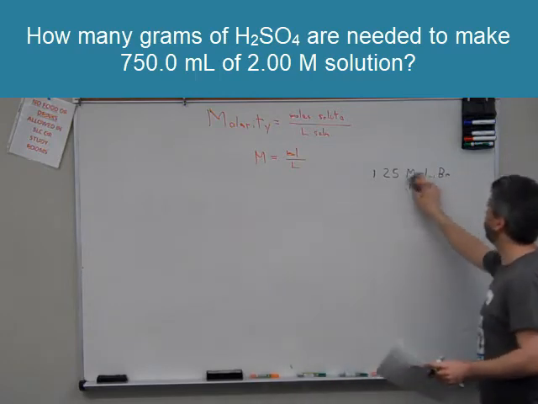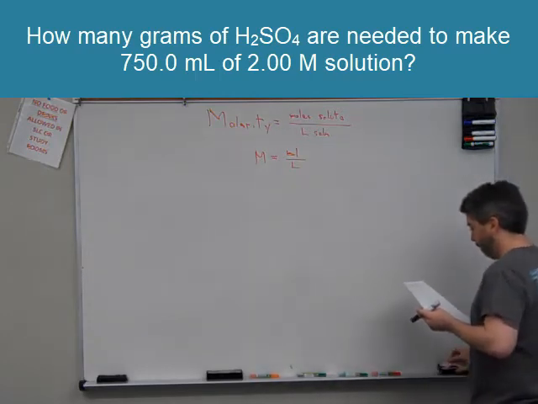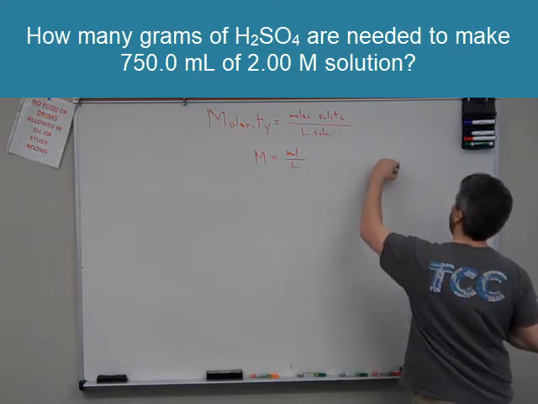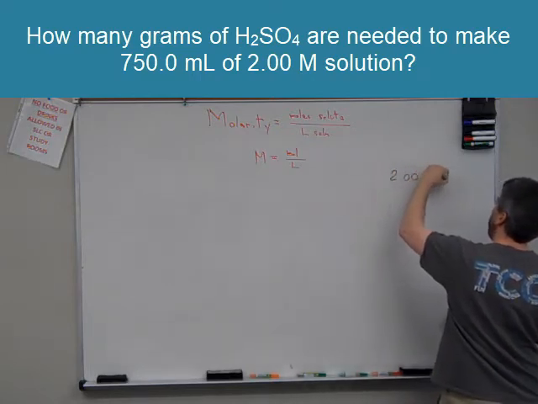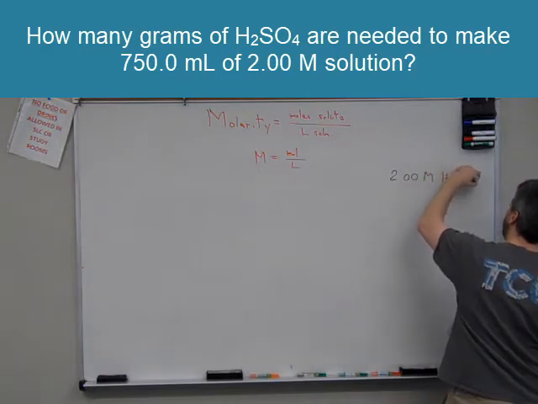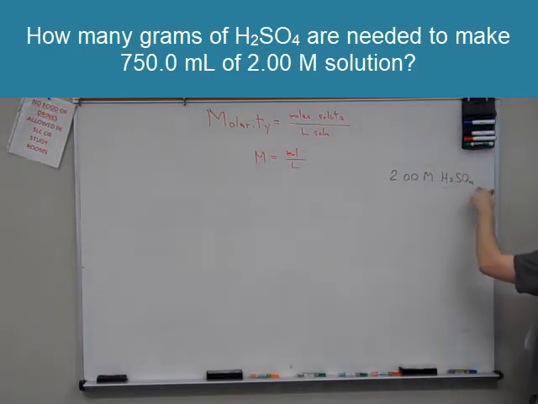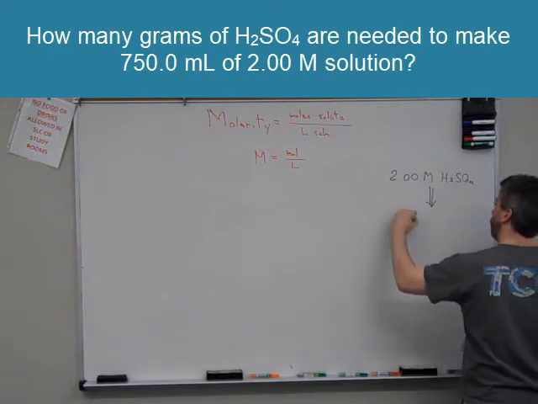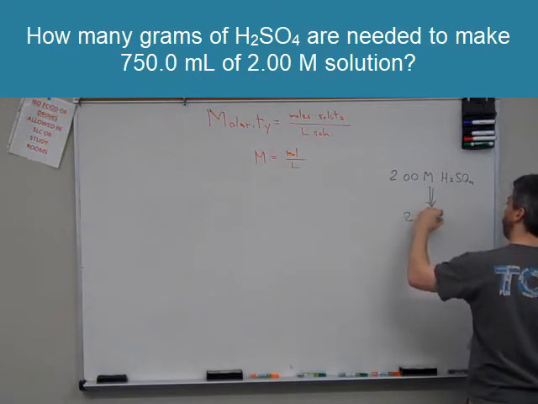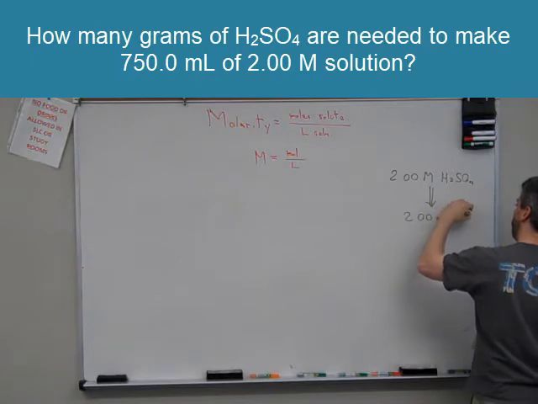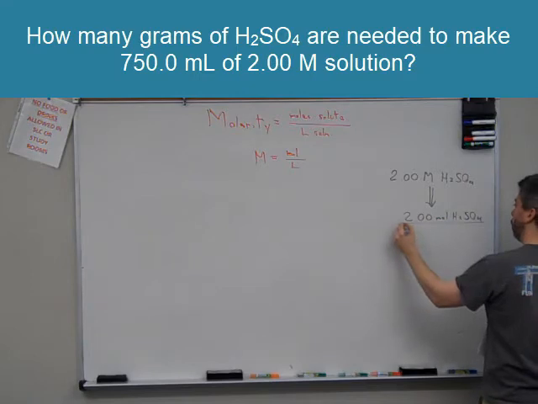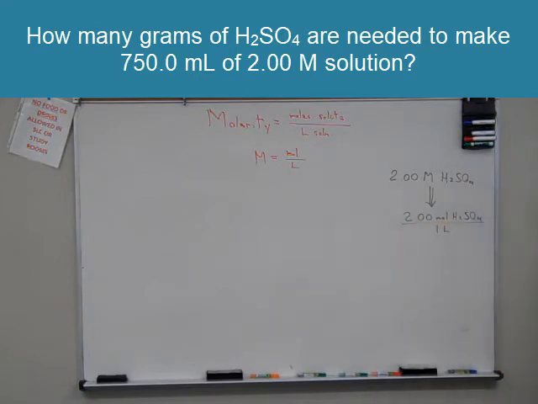Only this time, our molarity is 2.00 molar H2SO4. Notice we do want to include the substance when we write the concentration. And this can be rewritten as 2.00 moles H2SO4 per 1 liter.